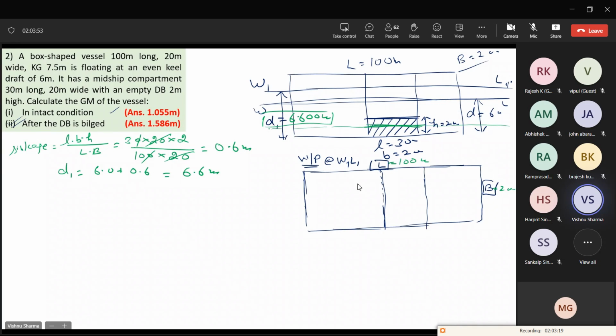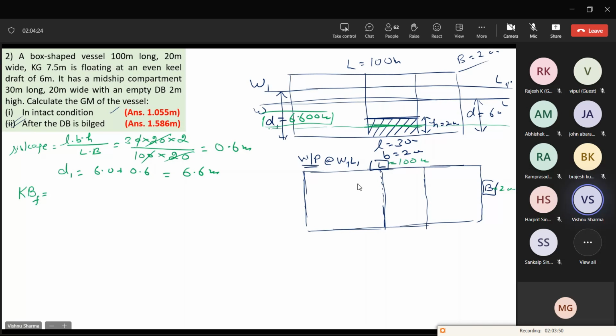So in this case, KB will not be D1 by 2. It has to be calculated by principle of moments. Okay. Now, please tell me in notational form, when I say vertical movement of underwater volume up to W1, L1, it has two parts.